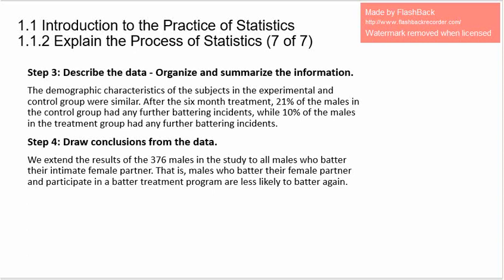The last step is to draw conclusions from the data. We extend the results of the 376 males in the study to all the males who batter their intimate female partners. That is, males who batter their female partners and participate in a batterer treatment program are less likely to batter again, meaning that we are performing inferential statistics in the last step.